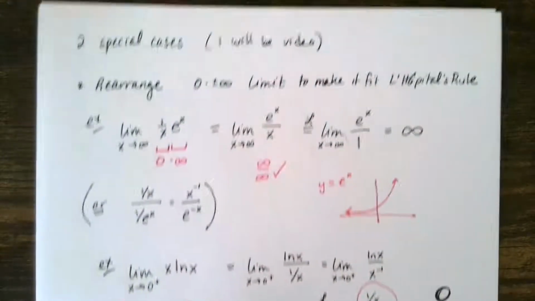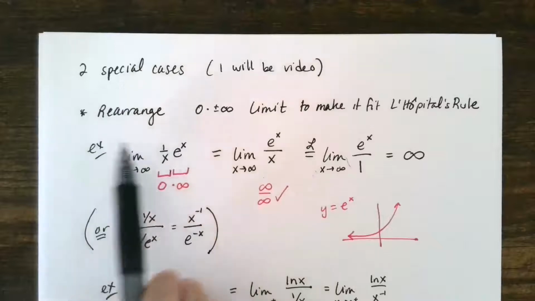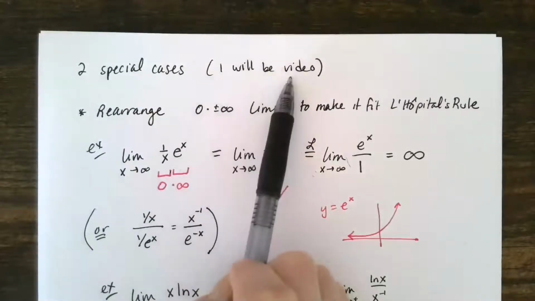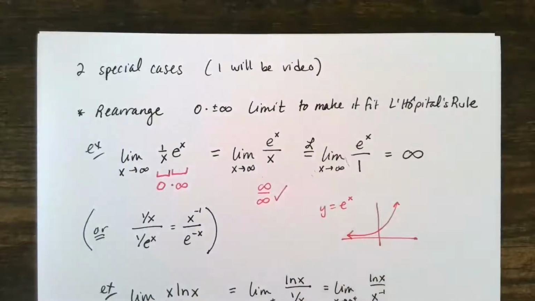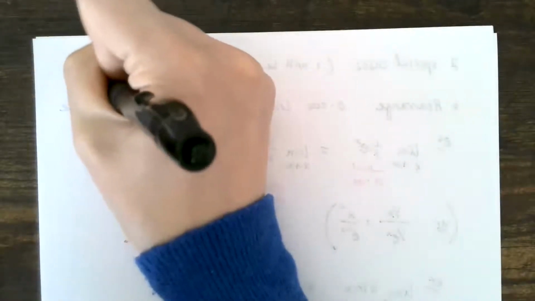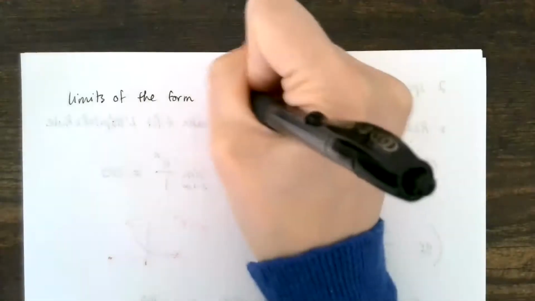So in class, we said there are two special cases of L'Hopital's rule. This was one of them where you have to rearrange at the beginning. And the rest of this video will be about the other special case. So the other special case is for limits of the form 0 raised to the 0 power.